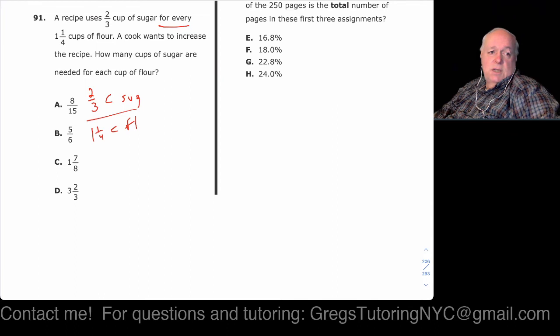Okay, is there going to be unit conversion? Let's see. A cook wants to increase the recipe. How many cups of sugar are needed for each cup of flour? So again, this by itself is sufficient. All right. So if you want, this is the same as 2/3 over 5/4.